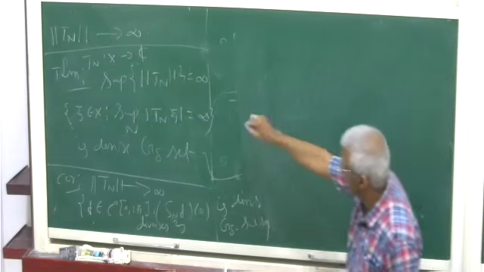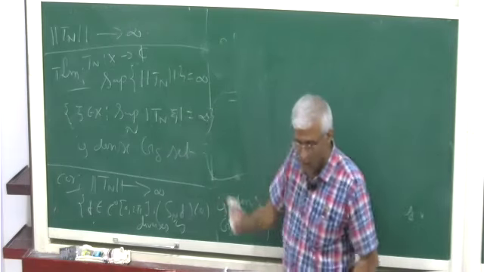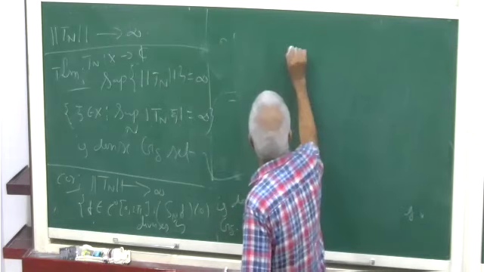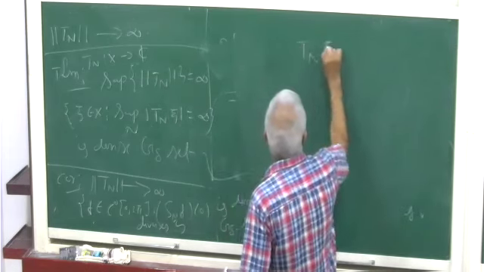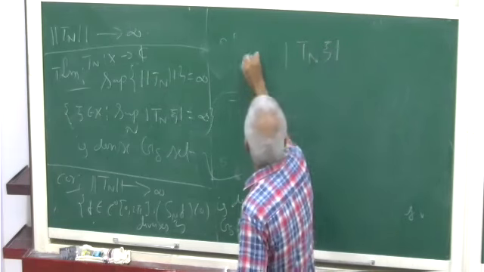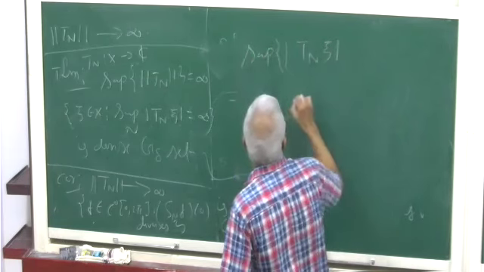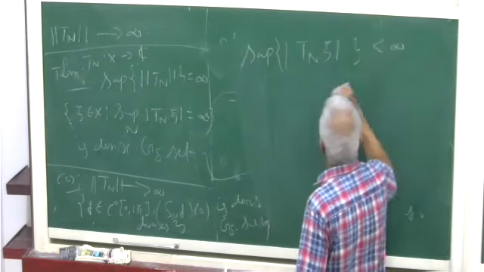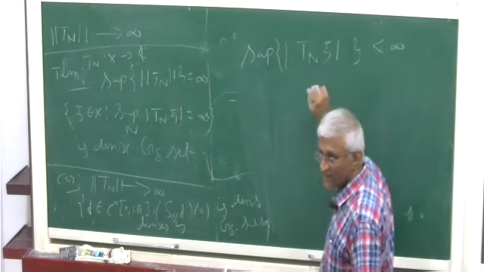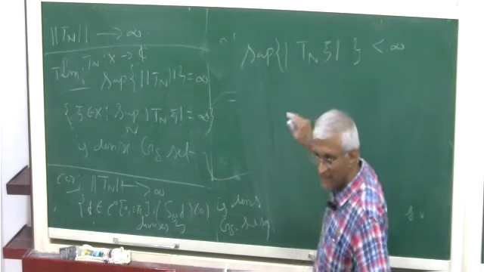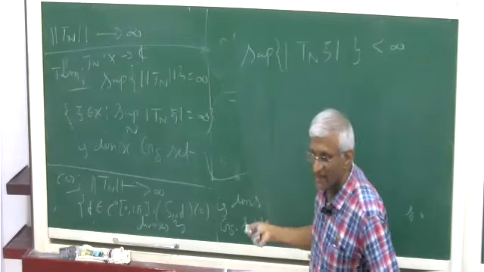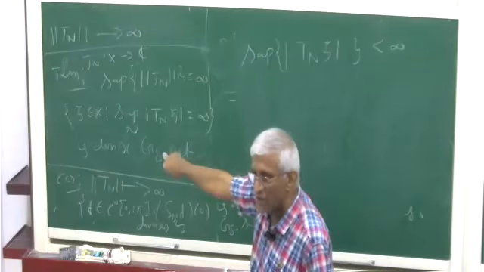Okay, uniform boundedness principle, plus what I said: the supremum of the norm of Tn is less than infinity. Use the Baire category theorem.